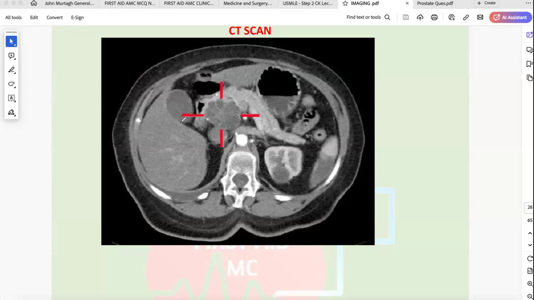And then you can see over here, that's the pancreas. And what you see here is an irregular shaped mass. And if you see that, then that's a very definitive possibility that it is a head of the pancreas cancer. So normally, if they're going to give you a pancreatic cancer, it should be something really, really visible and definitive like this.